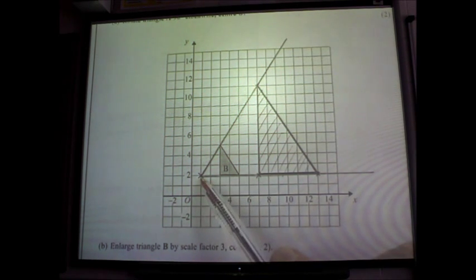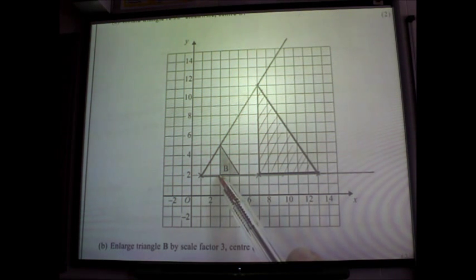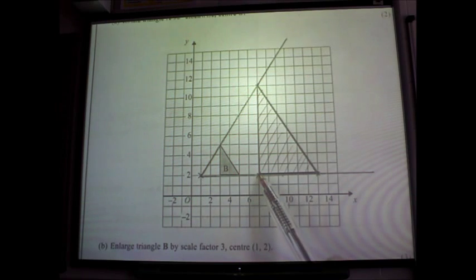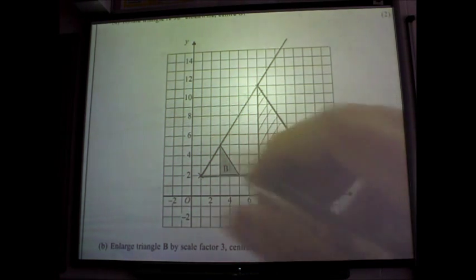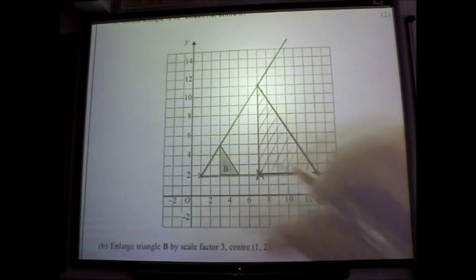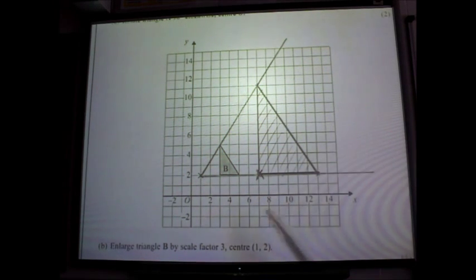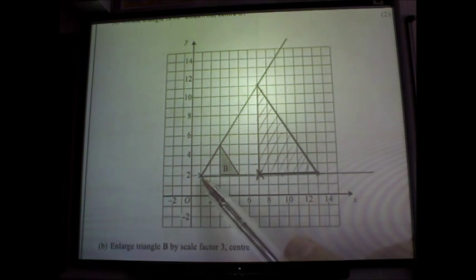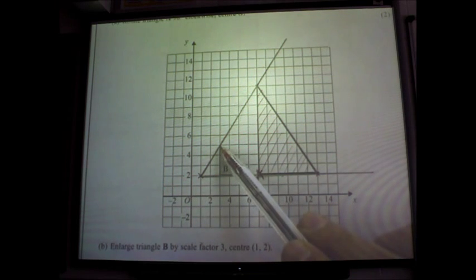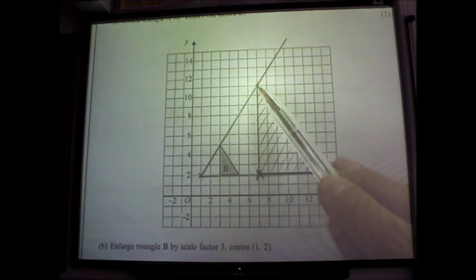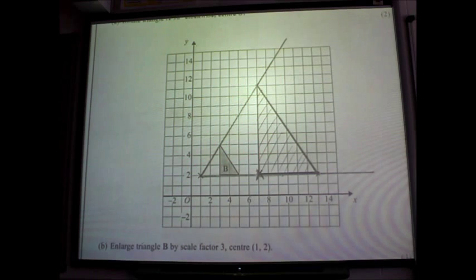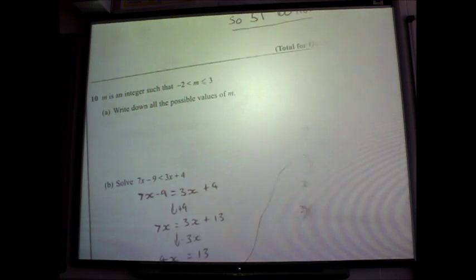Because from the point there, it is 2 gaps to that bottom corner of the triangle. So because we're enlarging it by scale factor 3, 2 times 3 is 6, it would be 1, 2, 3, 4, 5, 6. So that's where it starts. That's why I put a cross there. And from there, you can work it out. If you want to double check, just draw a line going from your point through the point of the small triangle, and it should hit the corner of the big triangle. 3 marks for that.